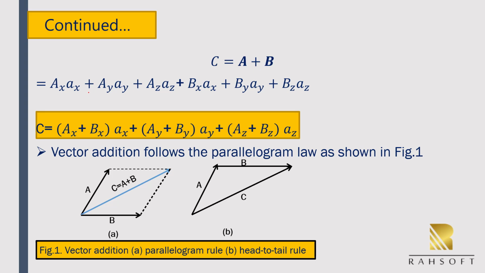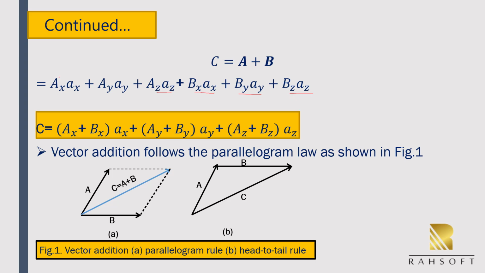Component by component, we are adding AX unit vector ax, plus AY unit vector ay, plus AZ unit vector az, plus another vector with components BX ax, BY ay, BZ az.